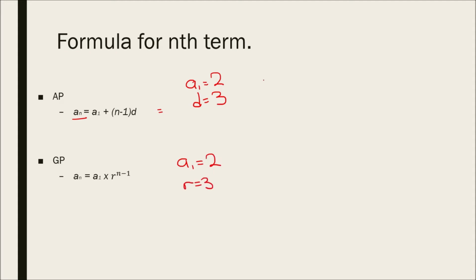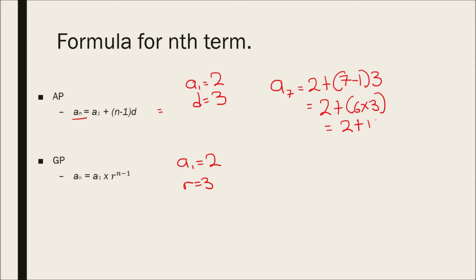Now let's slot in the values. a7, because we're looking for the seventh term, equals a1, that's 2, plus (7 minus 1), and our d is 3. So 2 plus 6 times 3, that's 2 plus 18, which is 20.